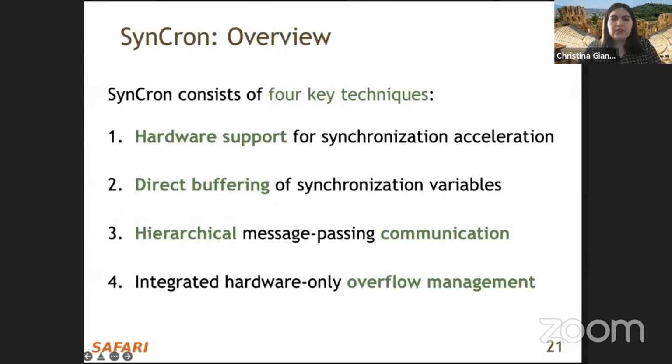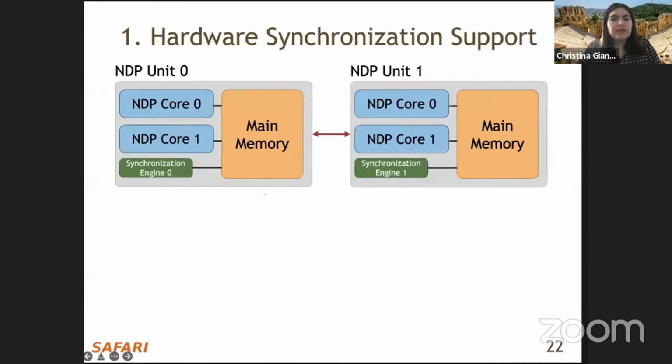SynCron consists of 4 key techniques: hardware support for synchronization acceleration, direct buffering of synchronization variables, hierarchical message passing communication, and integrated hardware-only overflow management. First, we design low-cost hardware units, which are called synchronization engines, and they are located at each NDP unit of the system to coordinate synchronization among NDP cores.